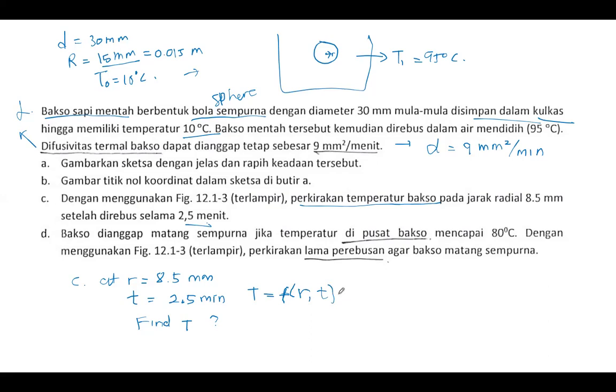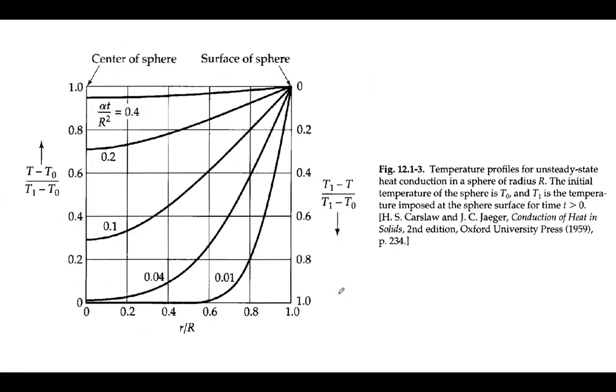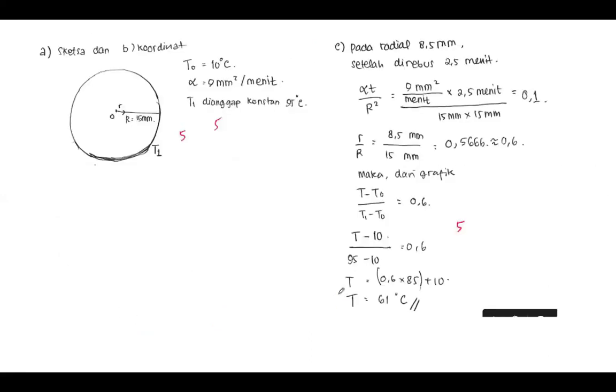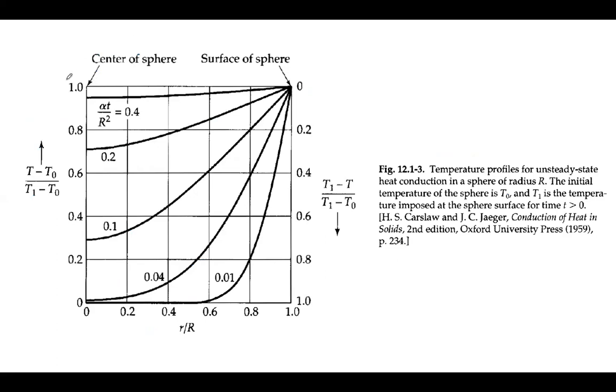Okay, so let's have a look at number 3 first. So here, this is the curve. We can start with your T0, which is 10 degrees Celsius. We have T1, which is 85 degrees Celsius.